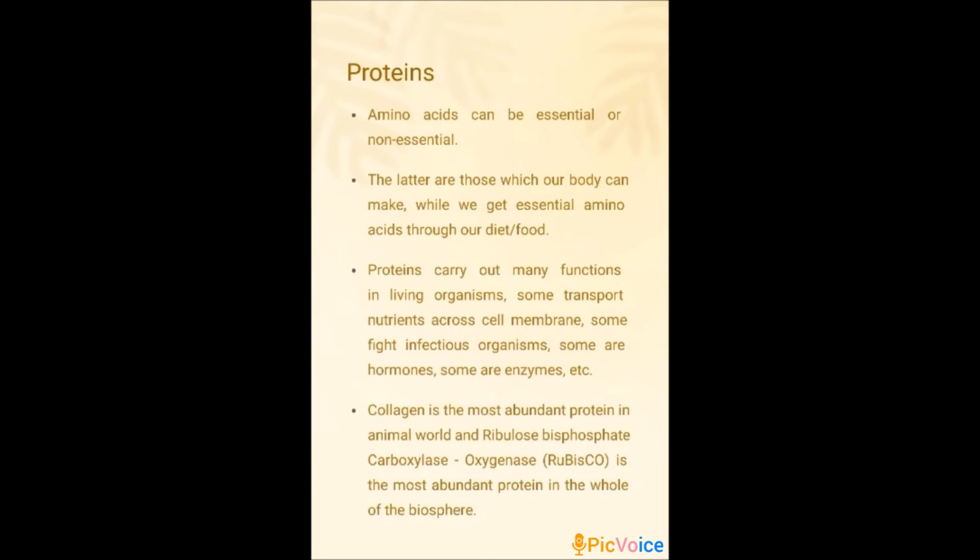And collagen is the most abundant protein in the animal world. If you take all the animals, collagen is the most abundant. And ribulose bisphosphate carboxylase oxygenase, rubisco, is the most abundant protein on the whole earth. The most abundant protein source is this rubisco.